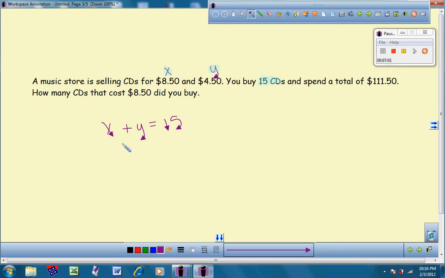Looks like my pen is doing something funky here, so let me pause it and see if I can fix it. Alright, it looks like I've got it fixed. Let me go back and write x plus y is equal to 15.